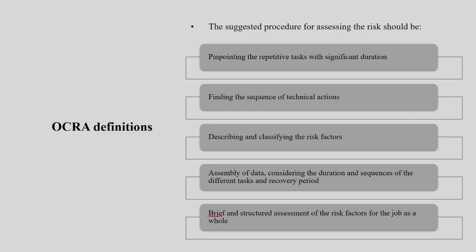That is why it says that you have to brief and structure the assessment of the risk factors of the job as a whole. Okay. So that is a very detailed job that you need to do while defining the OCRA. Done.